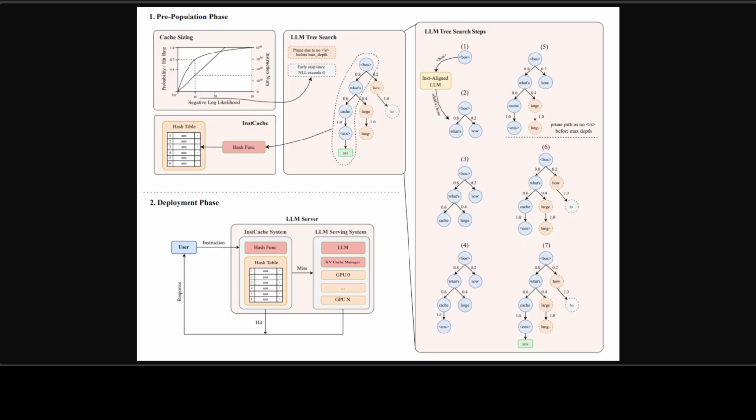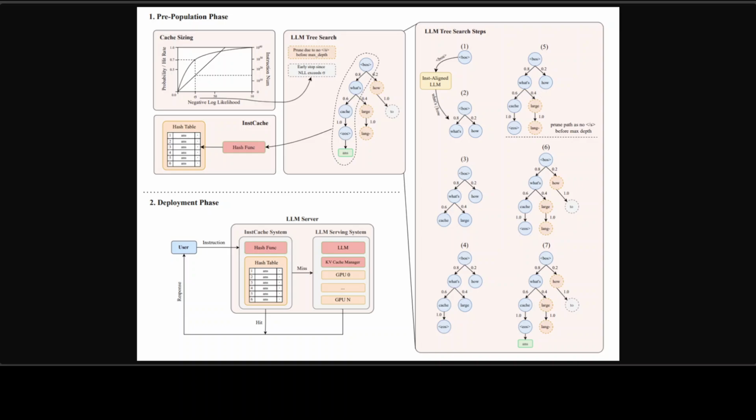This InstCache is a predictive cache for LLMs. InstCache uses an instruction aligned LLM, which is a type of LLM that is specifically designed to understand and generate instructions. So this instruction aligned LLM is used to predict user instructions and store them in a cache. This cache is then populated using a negative log likelihood, or NLL, based algorithm.